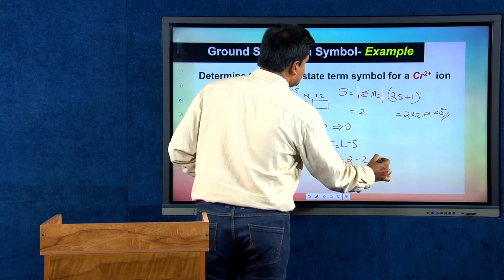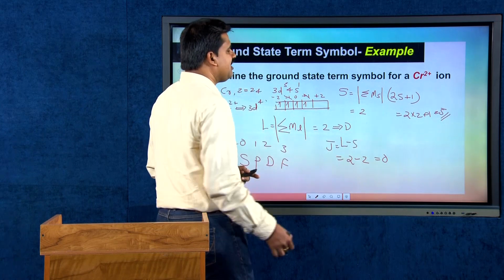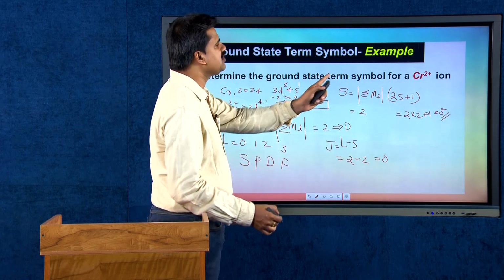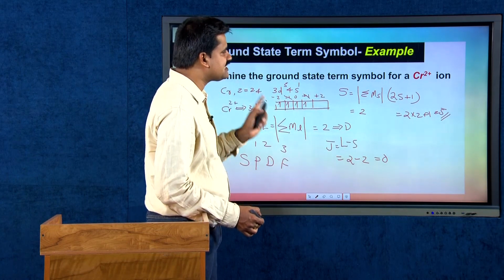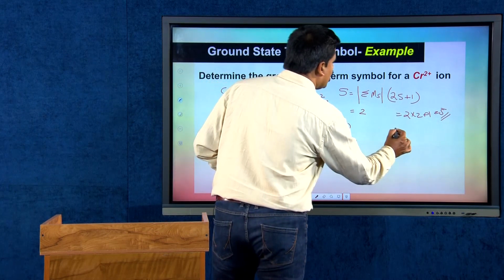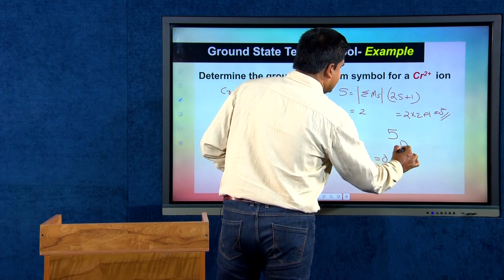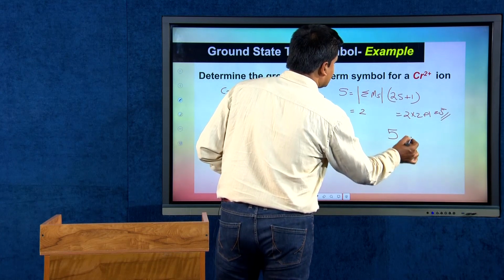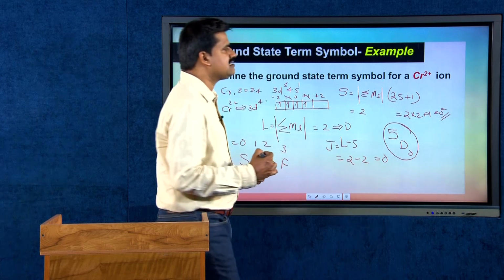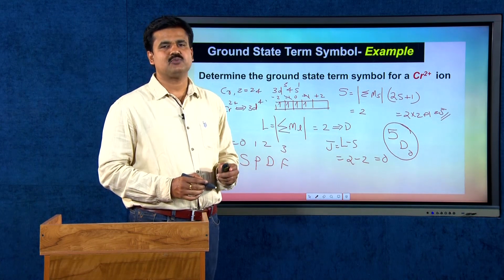So, 2 minus 2 is equal to 0. So, the J value is 0. Therefore, the ground state term symbol for Cr2+ is 2S plus 1, L, J equal to 5D with J value 0. This is the ground state term symbol for a Cr2+ ion.